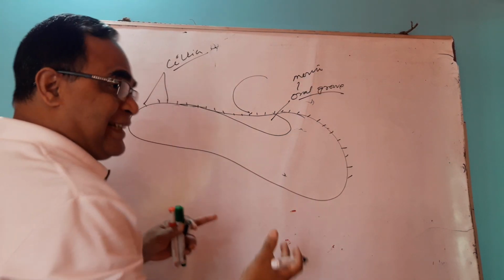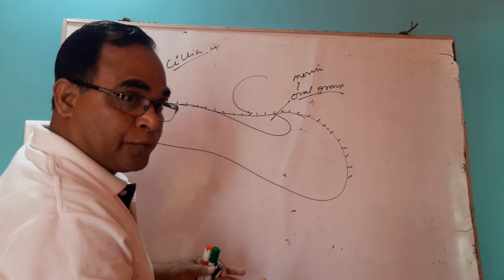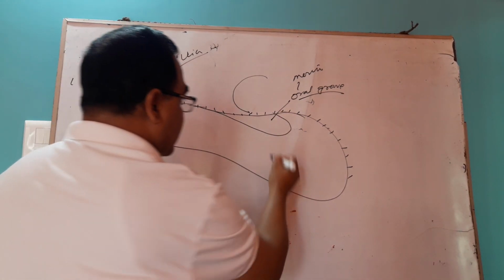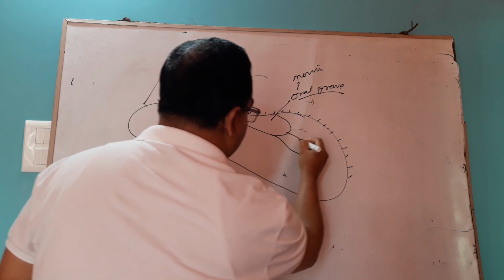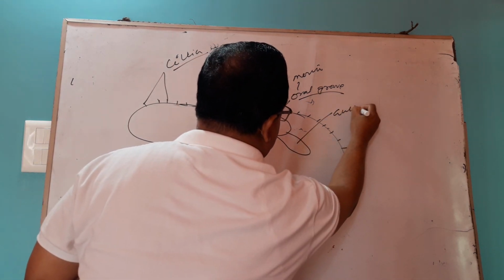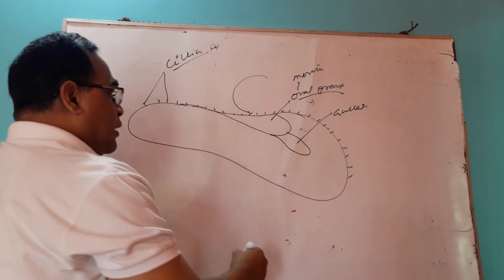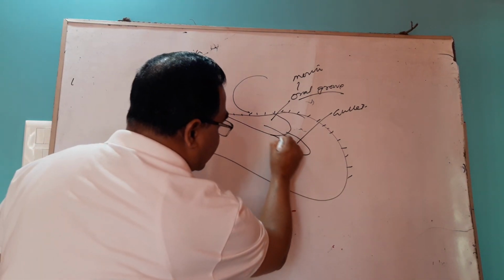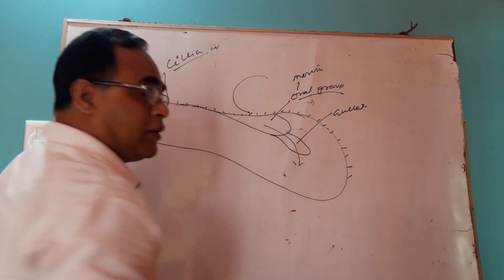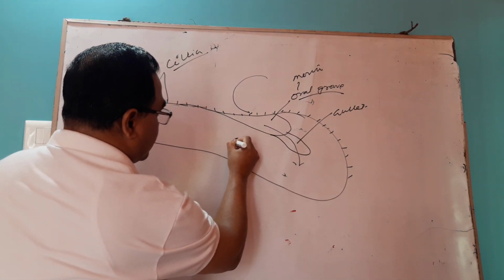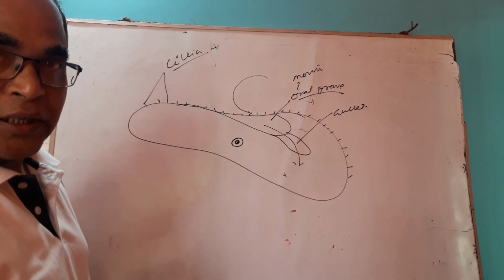So the food is taken into the oral groove with the help of cilia, and there is another structure which is called the gullet. The food then enters the cytoplasm through the gullet. Once the food enters, a food vacuole is formed inside the paramecium.